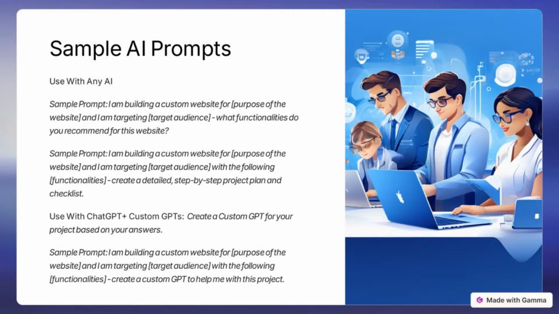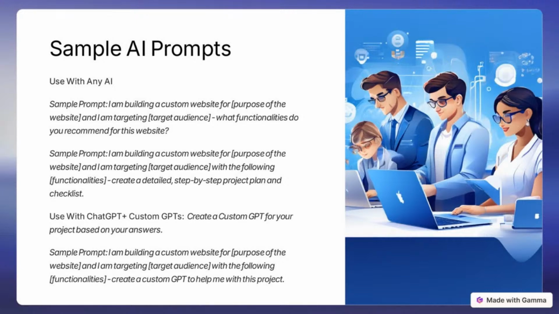But now, if you're using ChatGPT Plus, the paid version, there's an even more powerful capability that you have in hand. You can go over to the left corner of ChatGPT and click where it says Explore Custom GPTs. And you can go up into the corner and click Create a Custom GPT for your project.